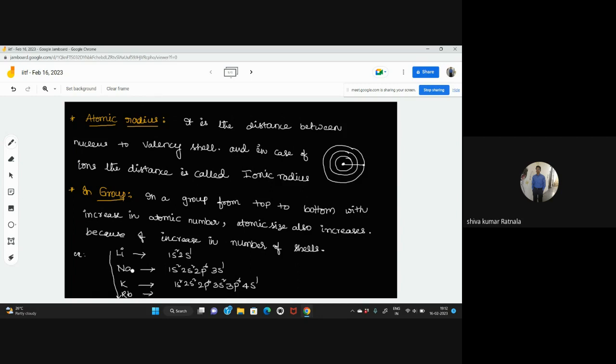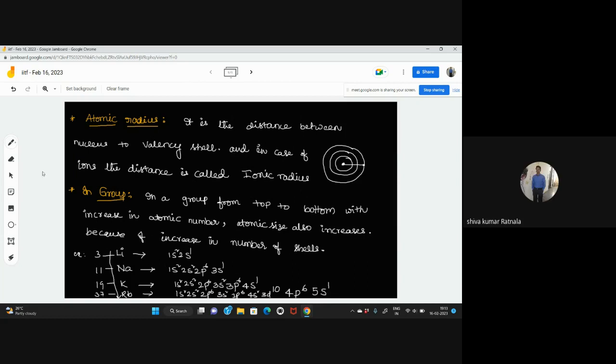And in rubidium, what is the atomic number? Lithium 3, sodium 11, potassium 19, and rubidium 37. So the configuration will be 1s2 2s2 2p6 3s2 3p6 4s2 3d10 4p6 5s1.